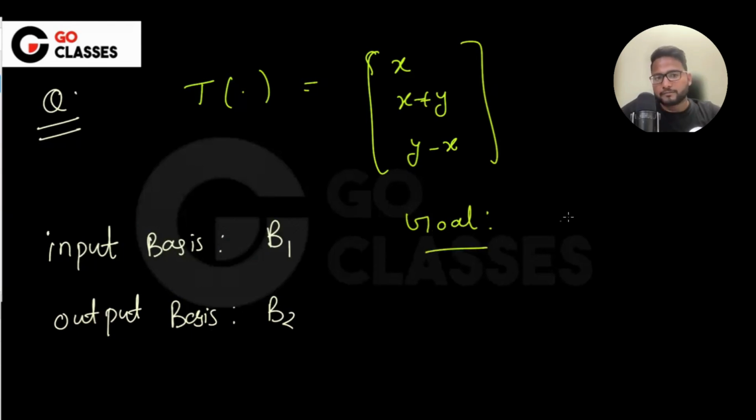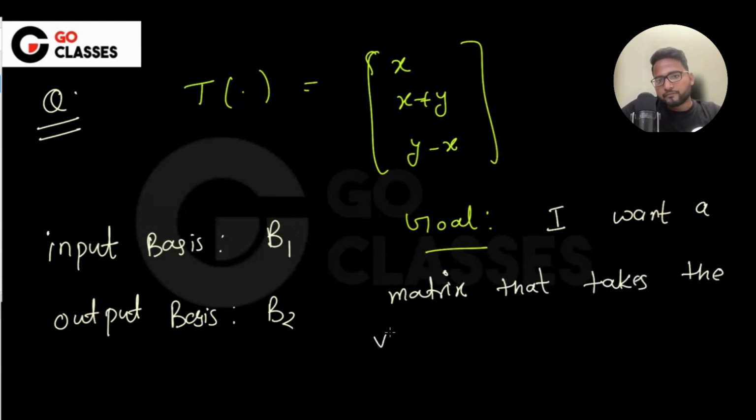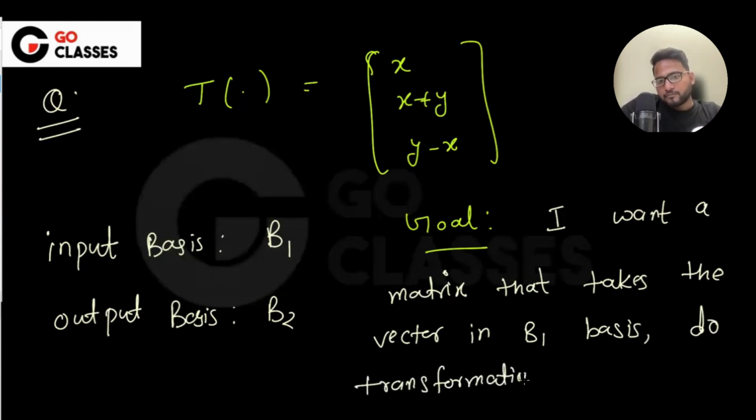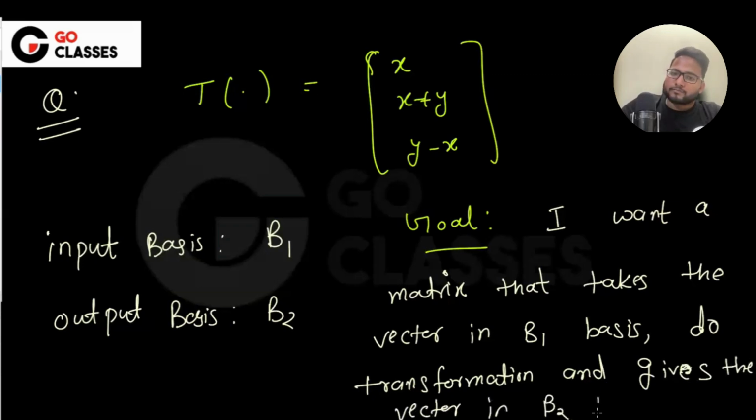I want a matrix that takes the vector in B1 basis, does the transformation, and gives the vector in B2 basis. Okay, let's suppose this is my aim.